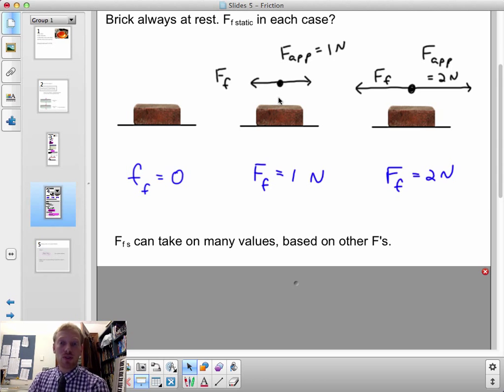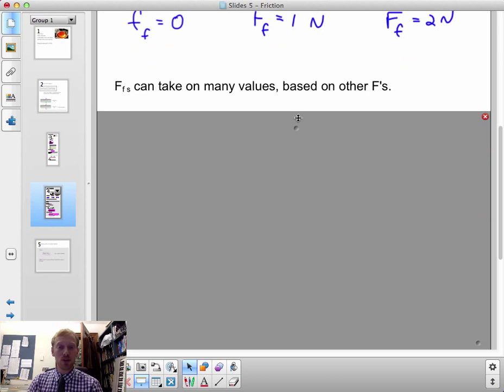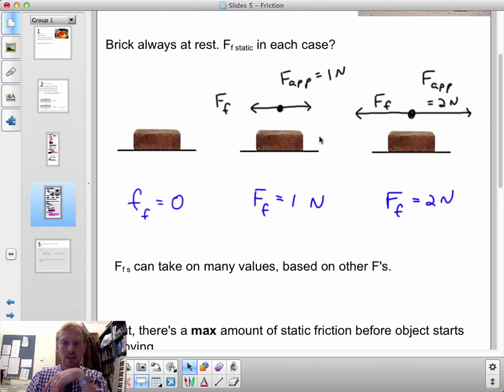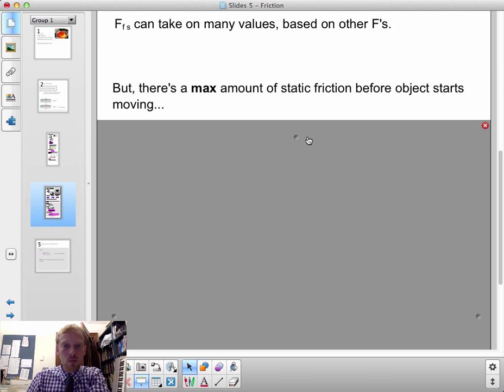The friction force depends in part on what applied force I'm putting on this brick. However, you can also imagine that there's only so hard I can press on this brick before it will actually start accelerating, before I overcome the friction force and succeed in accelerating that brick to the right. There's a maximum amount of static friction force.